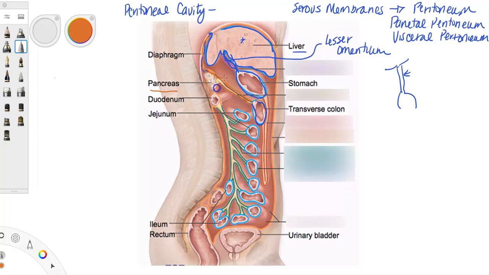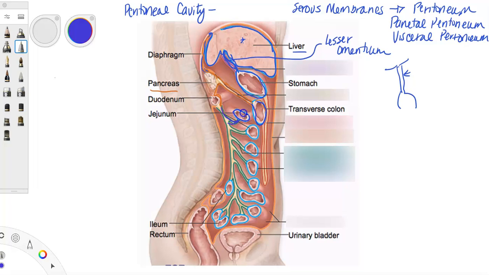And then it goes into the parietal, and look, it goes around the duodenum. So look, the duodenum is not in the peritoneum. It's outside of the peritoneum. Goes this way, and then down here we go back to visceral peritoneum, and we make these little sandwich things again. And that goes over to the intestines.